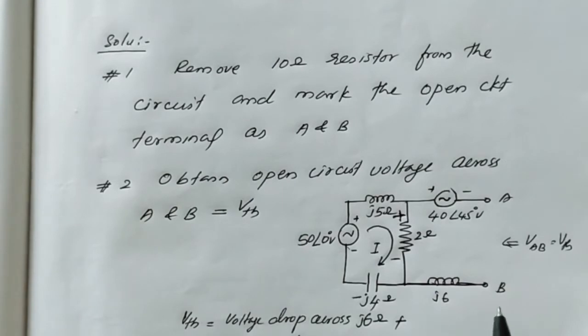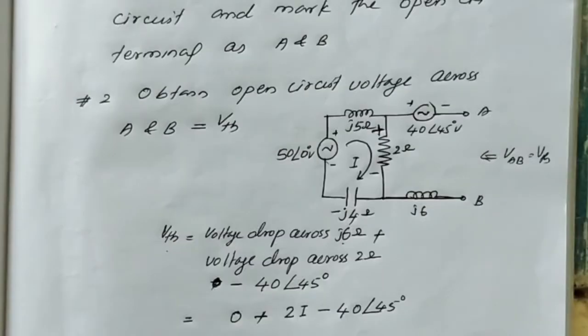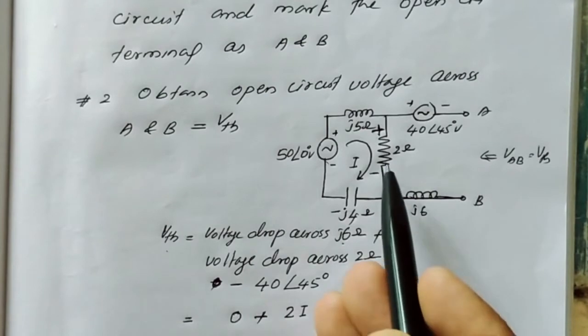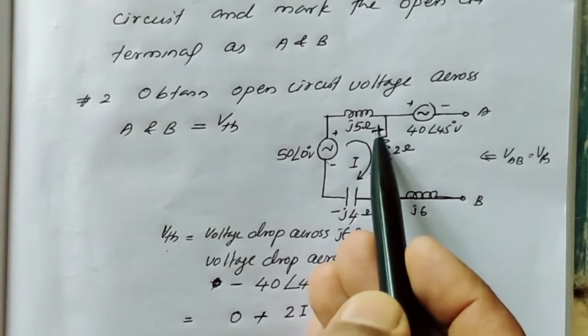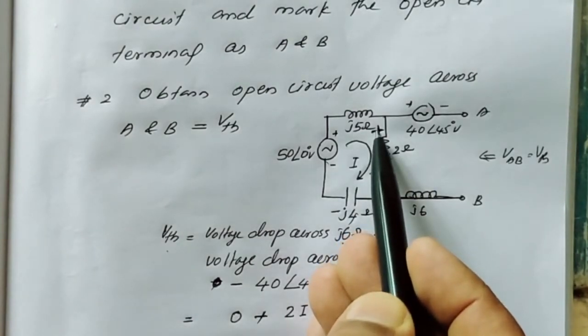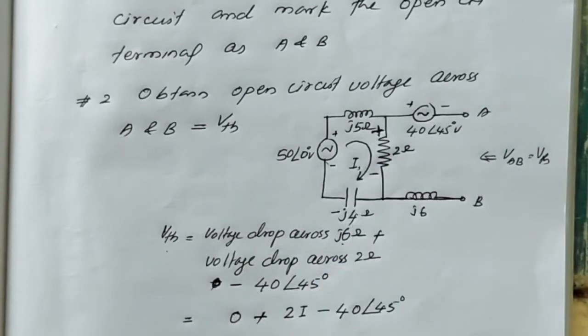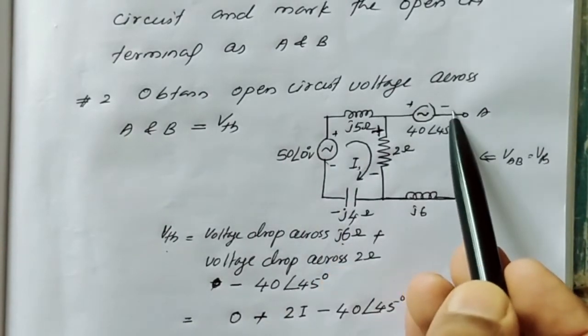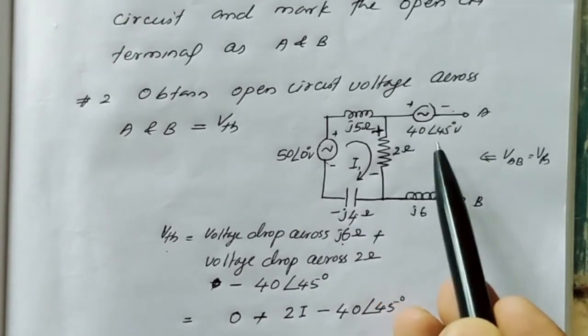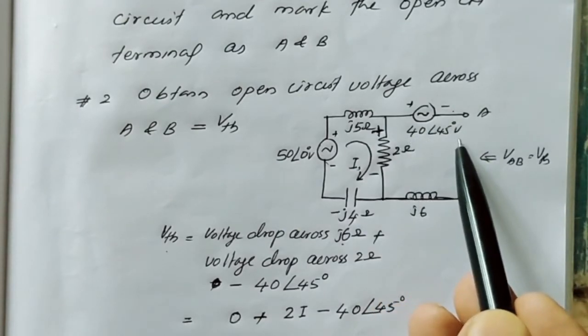So as we are moving from B to A and adding all voltage drops, VTH is equal to the voltage drop across j6 ohm plus the voltage drop across the 2 ohm resistor, that is a rise in potential, that is we need to consider as plus 2 into I. Then this is a fall in potential, that is minus 40 angle 45 degree volt.